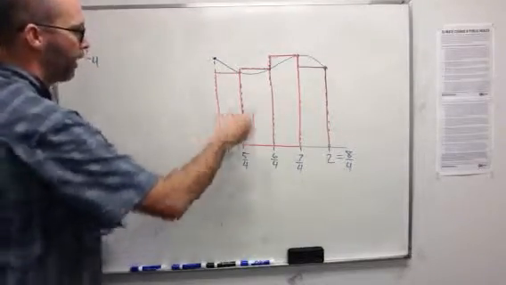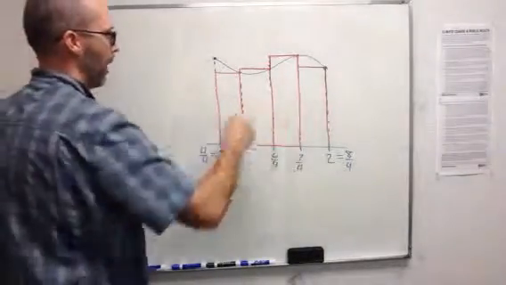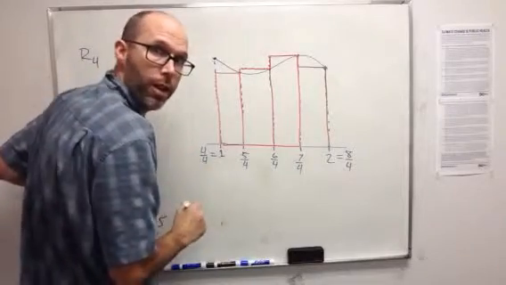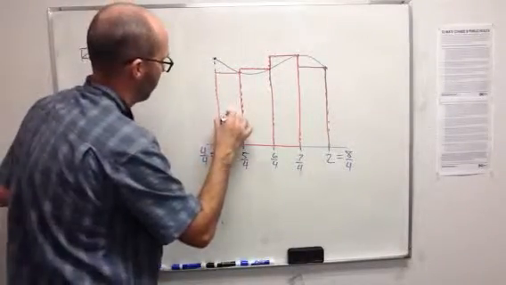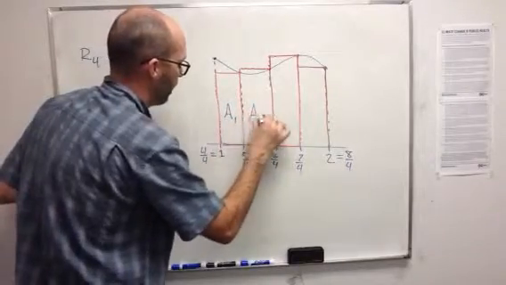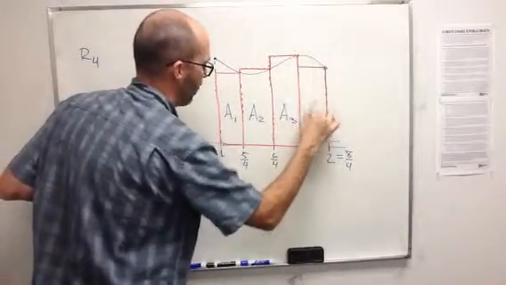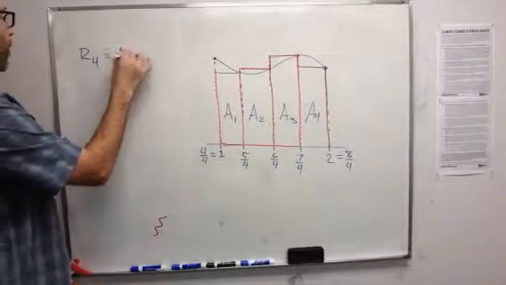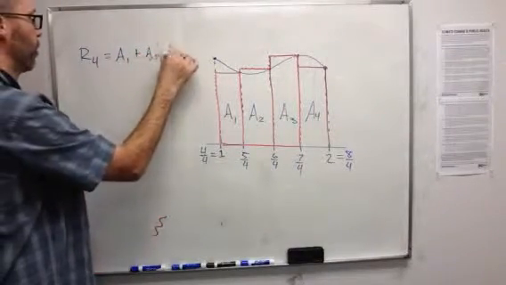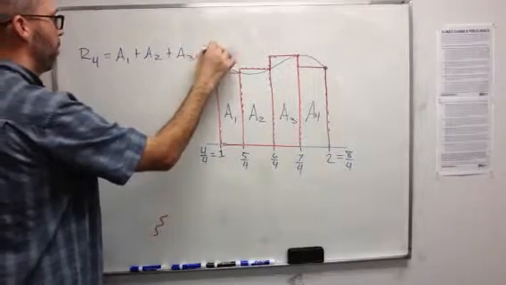is adding up the areas of all these rectangles. We all know the area of a rectangle is length times width. So let's call this area 1, area 2, area 3, and area 4. R4 is area 1 plus area 2 plus area 3 plus area 4.